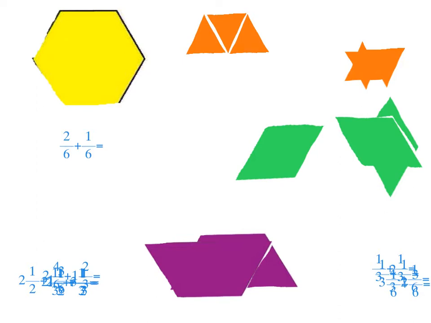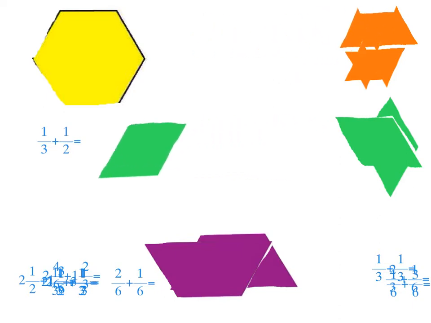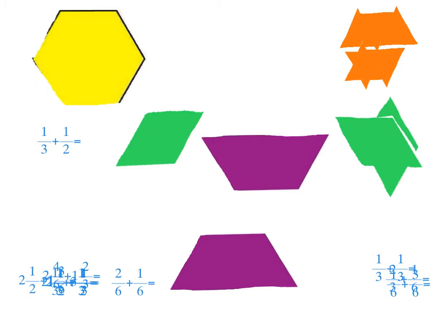I'm going to move that equation off to the side here. We're going to pull up another one here. What if I had 1/3 plus 1/2? So I'm not going to be using my triangles for this one. I need my 1/3, which would be this, and 1/2. Now how would I add those together?